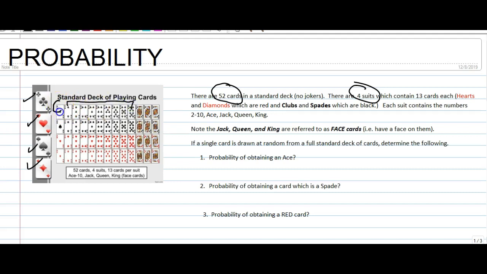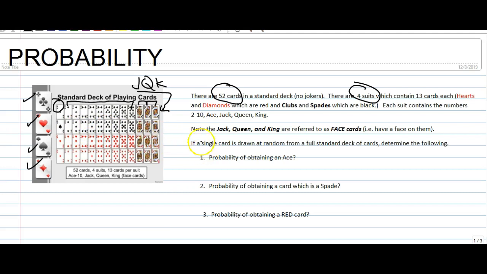You have an ace, and you have a jack, queen, and king. The jack, queen, and king are called face cards because they have a face on them. So there's a lot of things that we can do in reference to probability using a standard deck of cards.